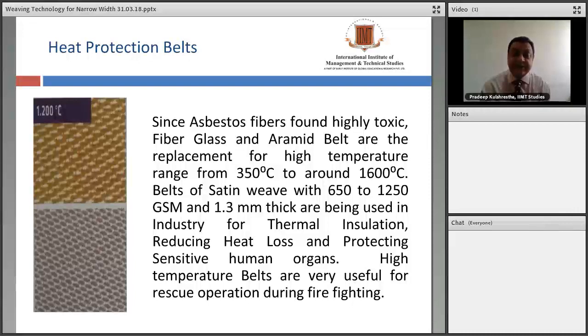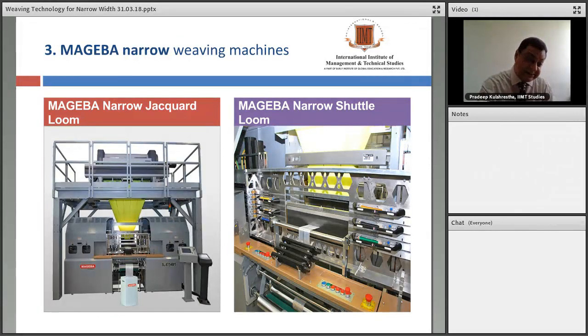They can sustain the weave with 650 to 1250 GSM and only 1.3 millimeter thickness is being used. This thermal insulation can give very good help during firefighting. During a fire, if we can join the fire blanket with these belts, nothing will happen to the blanket as well as these belts, and lives can be saved very well with these belts.